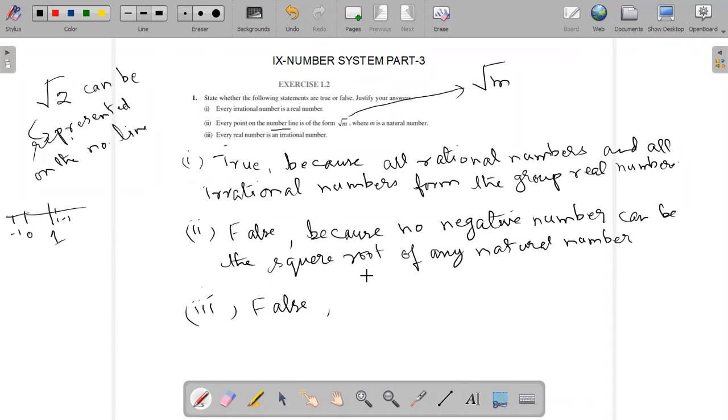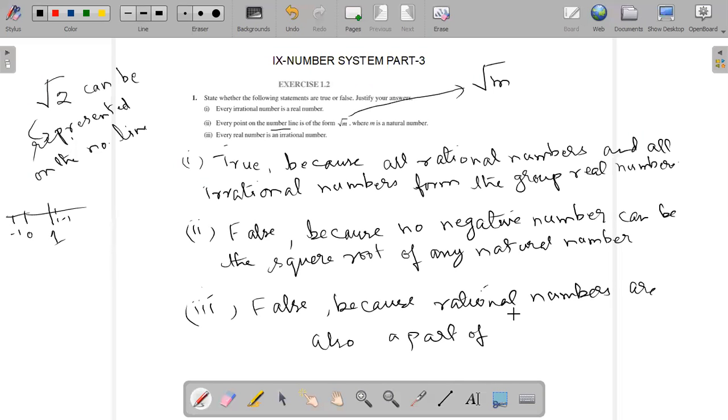Because rational numbers are also a part of real numbers. Got it?